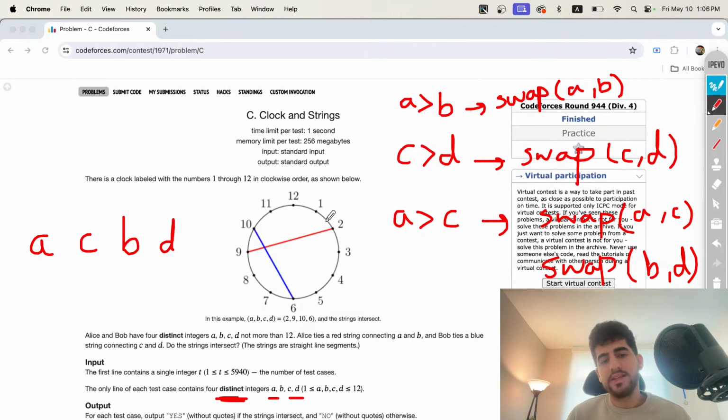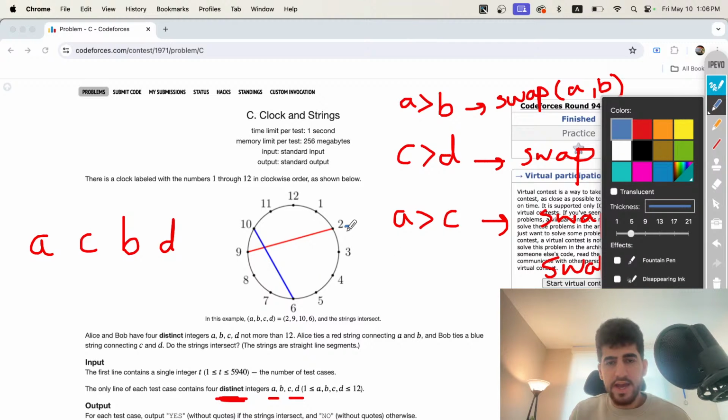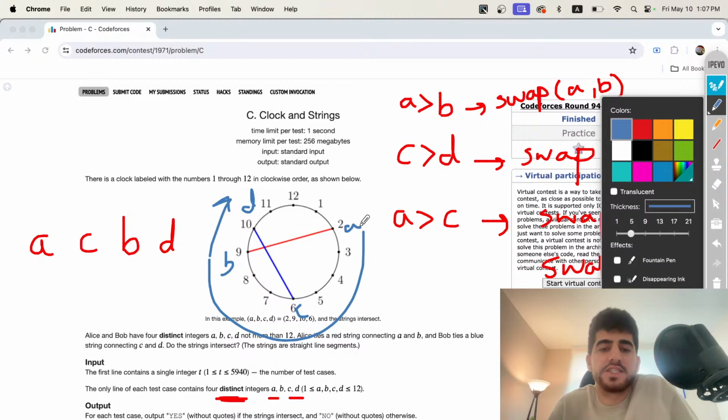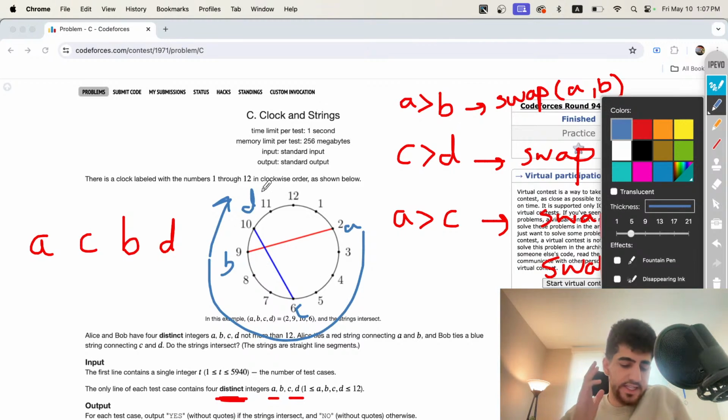I mean, the only way that they can be is like, for example, in this case, this is going to be my A, this is going to be my B, this is going to be my C, this is going to be my D. And if we see the order in ascending order, we first see A, then C, then B, then D. I'm saying that if they're going to intersect, we should first see A, then C, then B, then D. This should be the order. And that's all. This way, we can easily find if they will intersect or not.